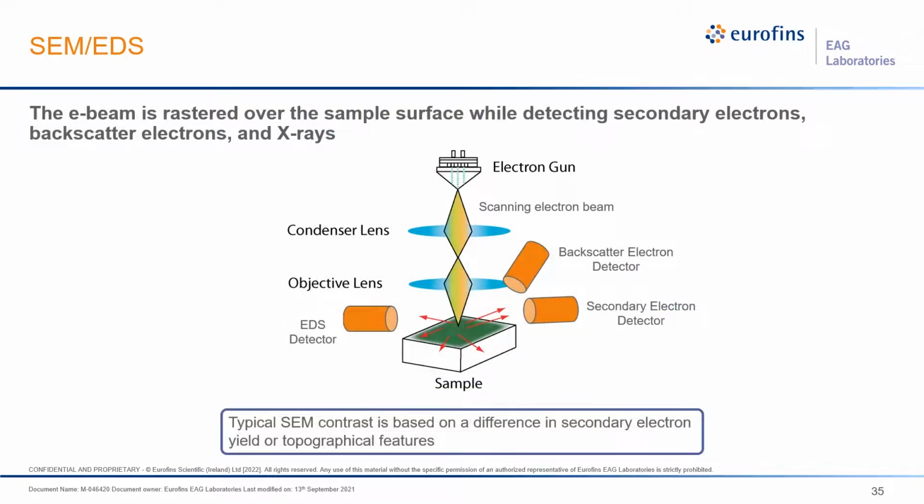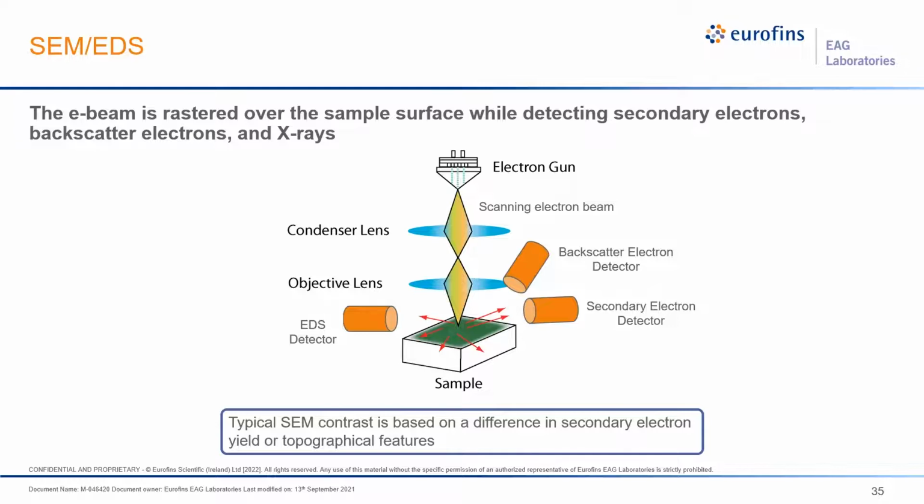How SEM works is that an E-beam generates electrons as an energy source, which get focused by a couple of different lenses and hit the surface of the sample. The energy will excite or ionize the sample and lead to different electrons coming off the sample.